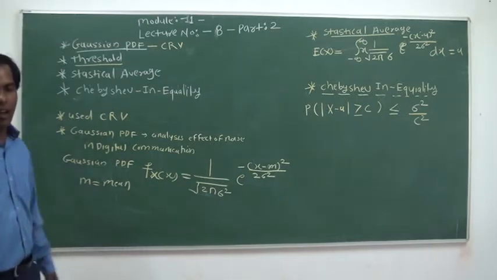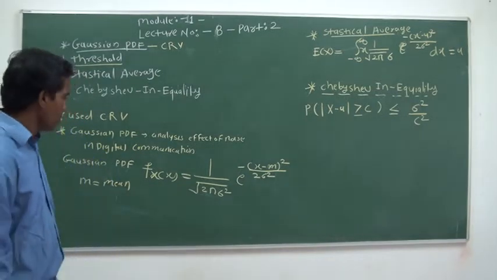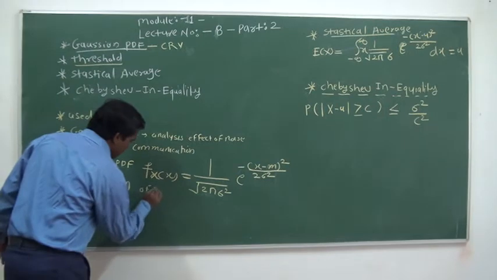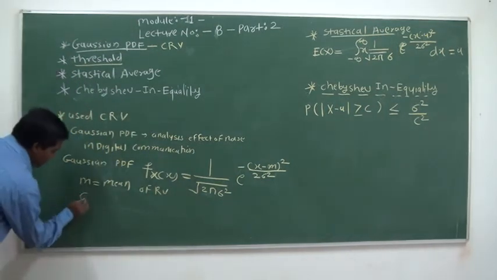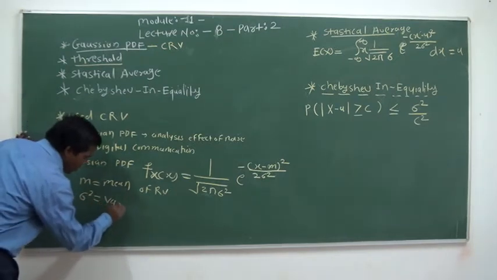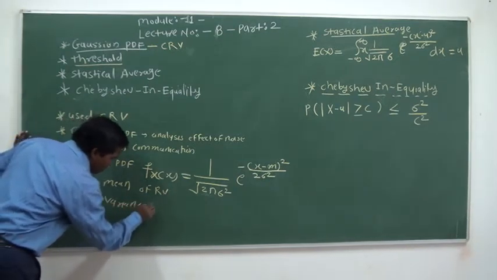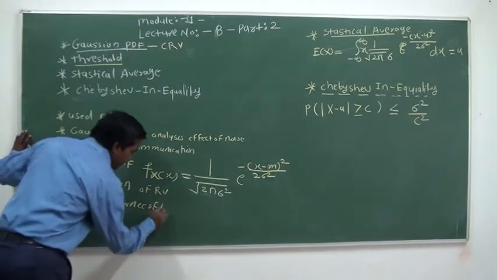and mean of the random variable, and sigma square is the variance of the random variable.